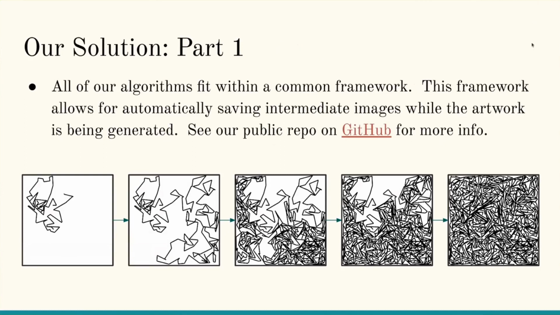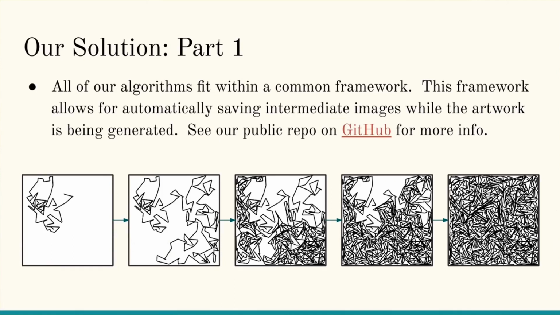So there's two parts to this. The first is how our algorithms actually work. We have a common framework for generating these images. And the framework we're using, I'll share a link at the end, but basically all of the algorithms have to be decomposable into individual parts so that as the image is being created, we can actually take snapshots of every step of the drawing process.